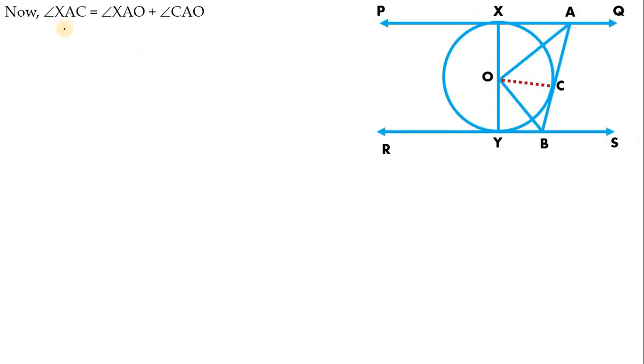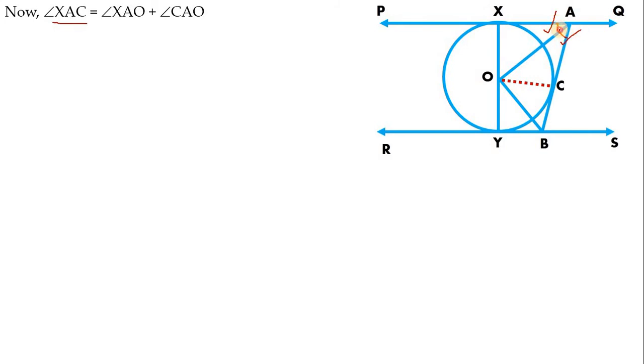Look at here. Now, angle XAC. Where is XAC? Here, this full angle. This is angle XAC. Now, this angle I can split into two angles. See, XAO, this angle, and CAO, this angle. Isn't it?